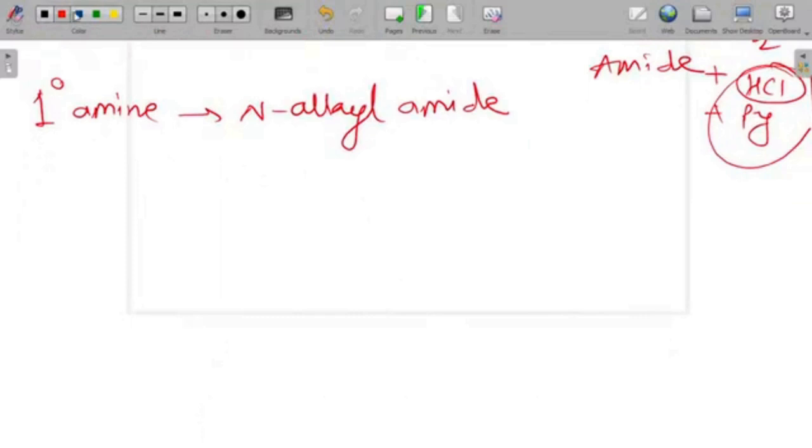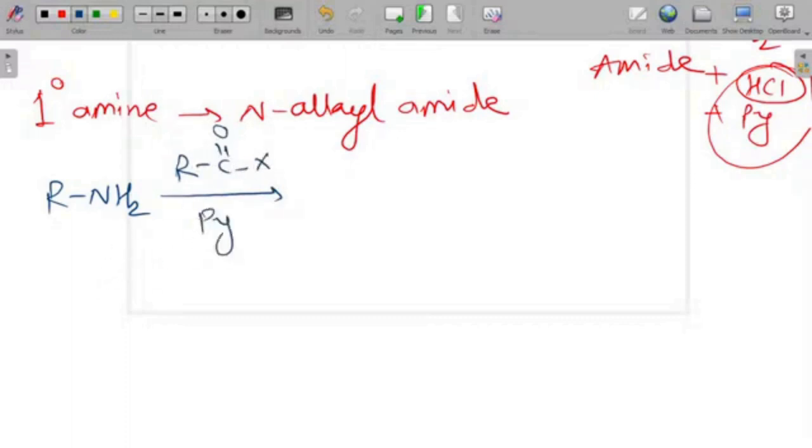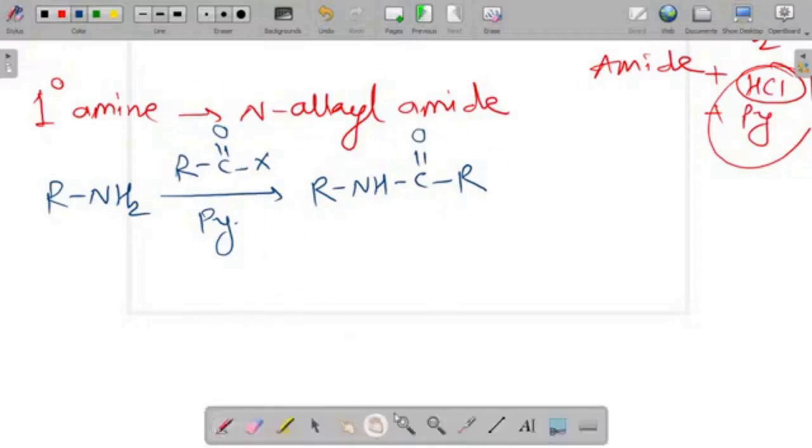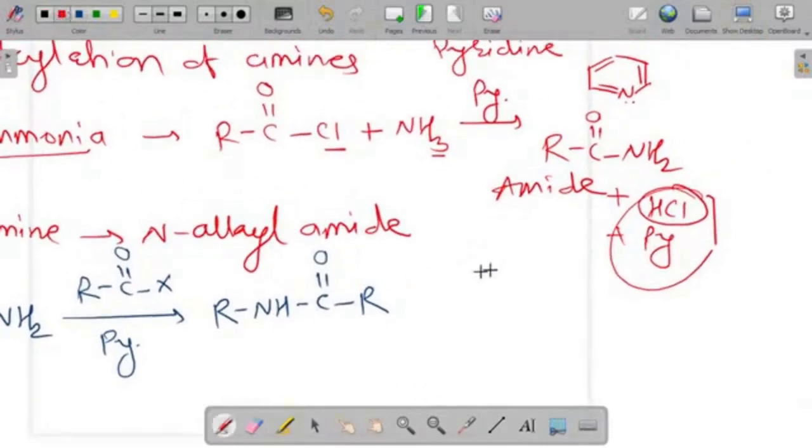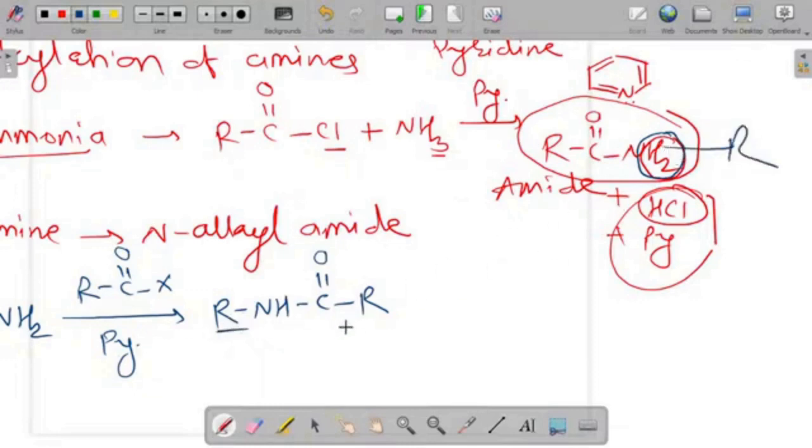With primary amine RNH2, on reaction with RCOX in presence of pyridine, it gives RNH C double bond O R. If you compare this structure with simple amide, one hydrogen atom from the amide is replaced by an R group. This is called N-alkyl amide.